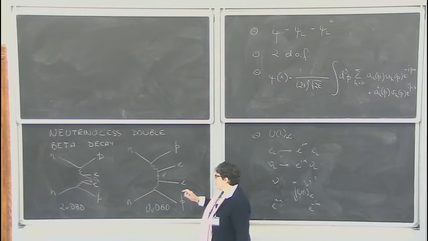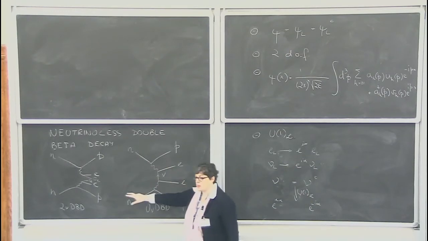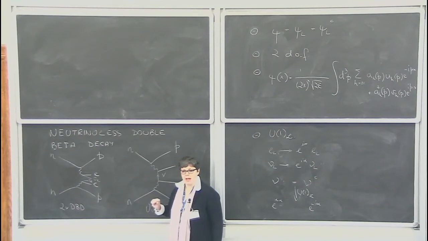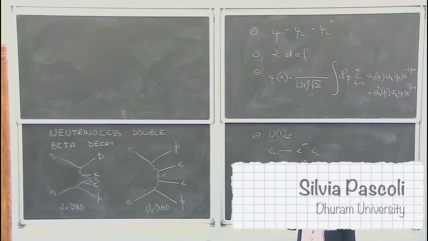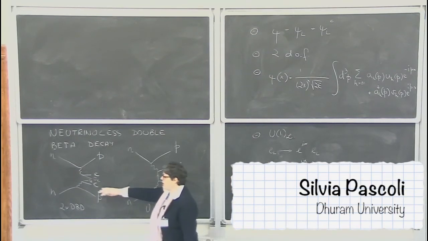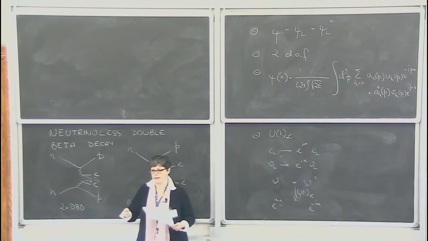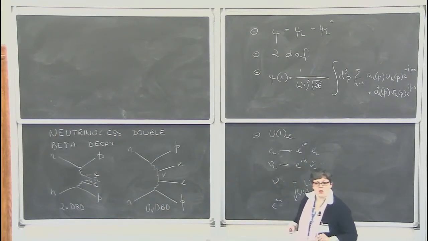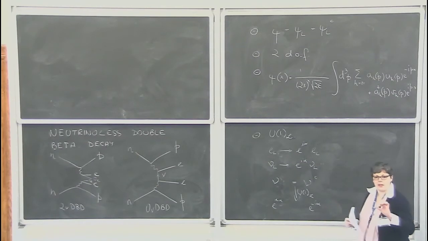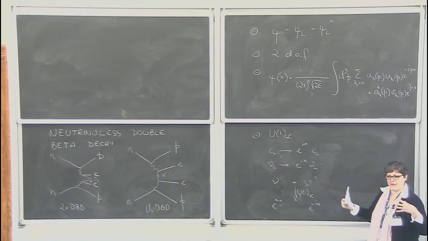So both of them are extremely rare processes. This has not been seen yet. This has been observed in several nuclei. As it is so rare, you can search for it only in very specific nuclei, because generically the single beta decay will dominate, and then it becomes difficult to distinguish two coincident single beta decays from a genuine double beta decay. So you look at nuclei where the single beta decay is kinematically not allowed because the daughter nucleus is heavier than the initial one.